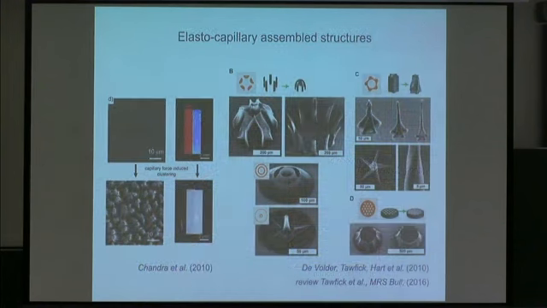But you can also use this elastocapillary clumping as a way to make structures. So here, for example, I've got an example where this group has made arrays of regular pillars. Since the array is regular, they can diffract light, and so they have a certain color, red and blue, depending on the angle you look at it.